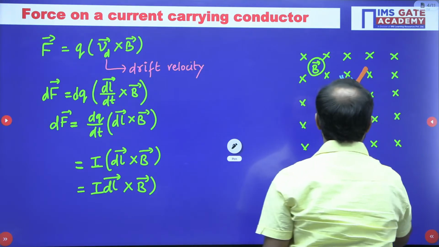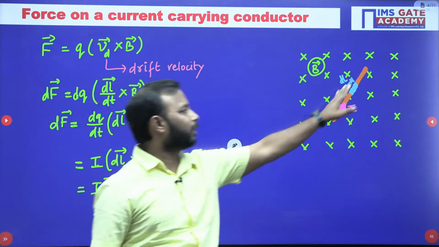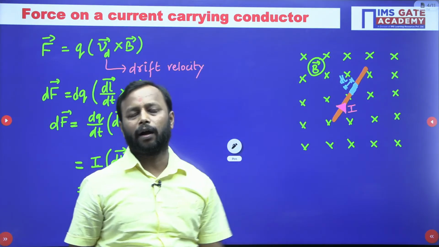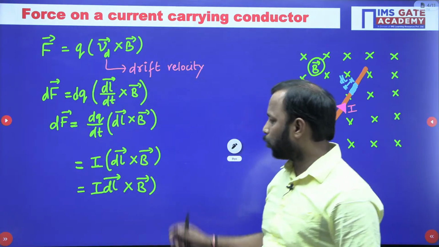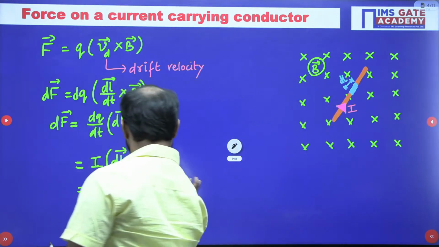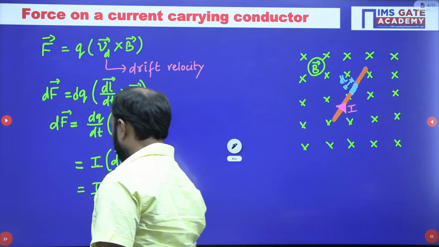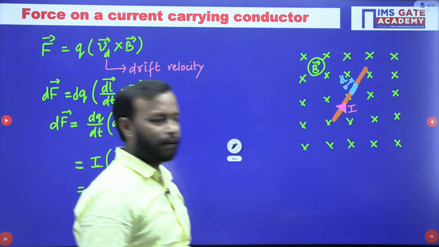Whether you take a small length of this conductor or the entire length, the current everywhere will be I. So this is your force equation when a current carrying conductor is placed under a magnetic field.